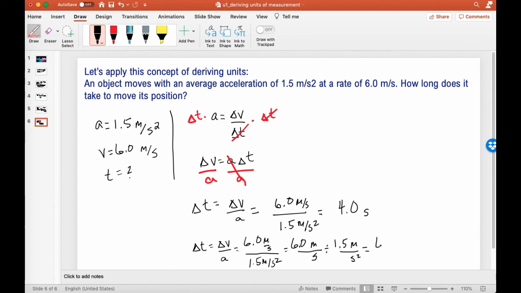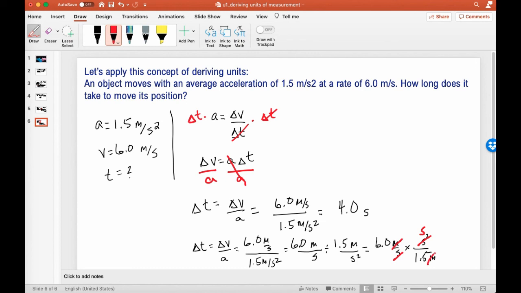So we know that, just like we've done before, we've got 6 meters per second times the reciprocal. There's a 1 down here, so that's second squared over 1.5 meters. Now we notice that seconds, there's 1 left over.